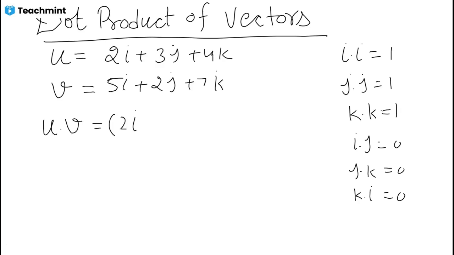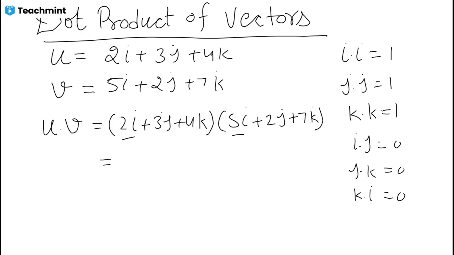So (2i plus 3j plus 4k) into (5i plus 2j plus 7k). Now we multiply only i to i, j to j, and k to k, because other than that we get 0. So just do it directly by multiplying the coefficients of i, j and k.